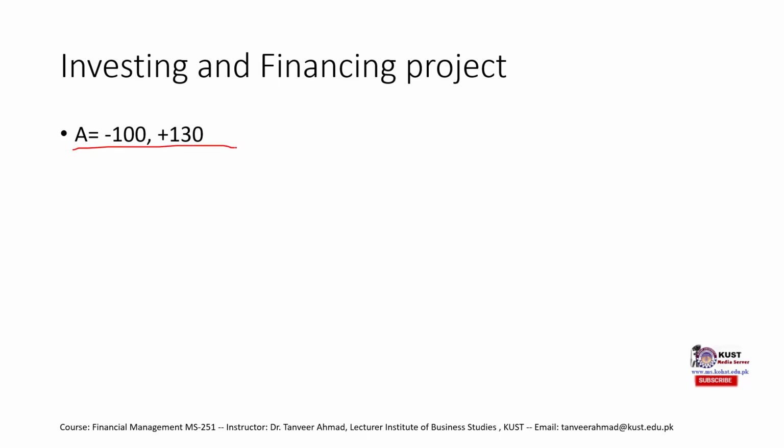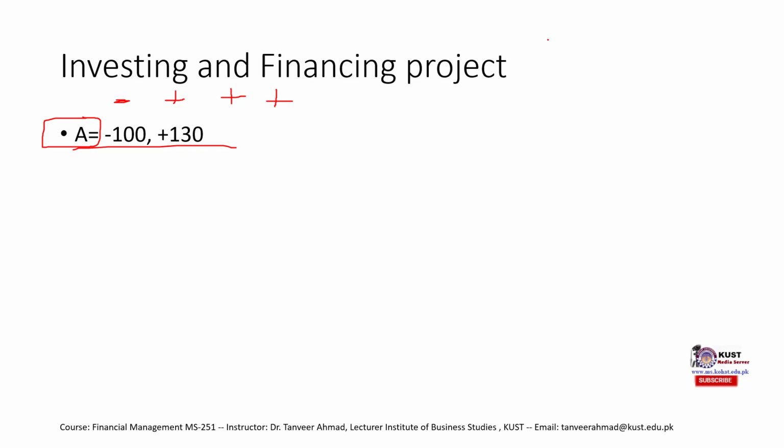Till now, we have seen this type of cash flows, where the first cash flow is negative and the subsequent cash flows are positive. Whether there is one subsequent cash inflow or multiple, we have seen this kind of example, this project A kind of example.